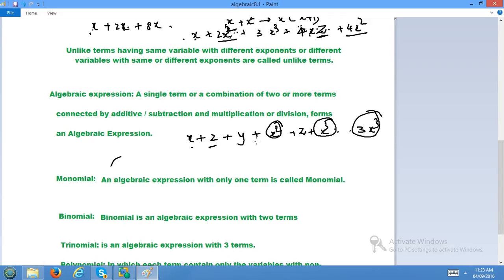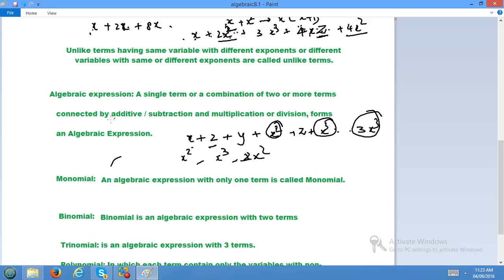If only one term is there, like x square, x cube, or 2x square, each is one monomial. When two monomials are added, it becomes a binomial. Binomial means two terms.